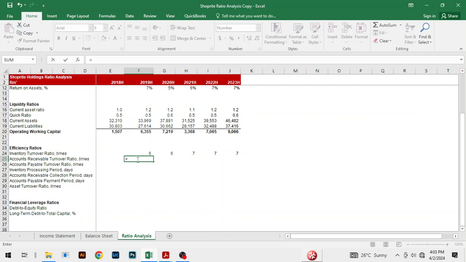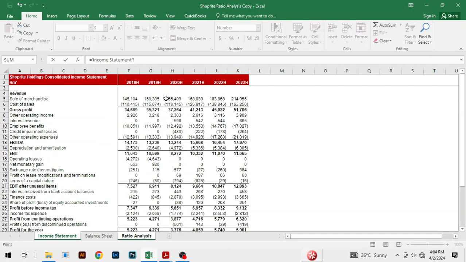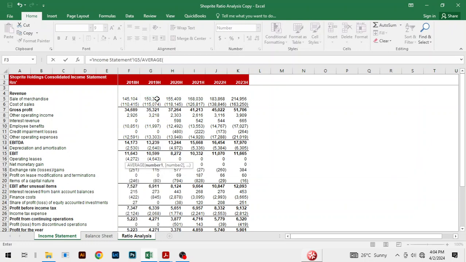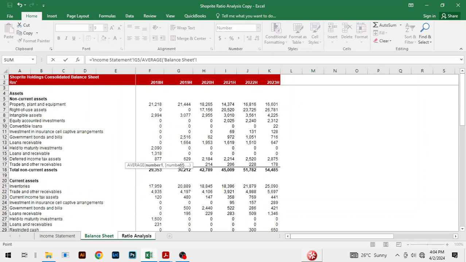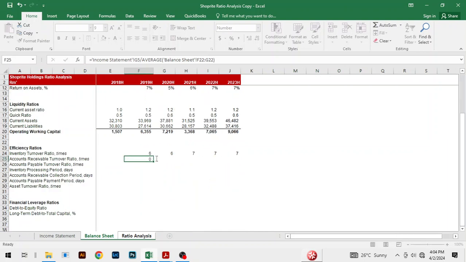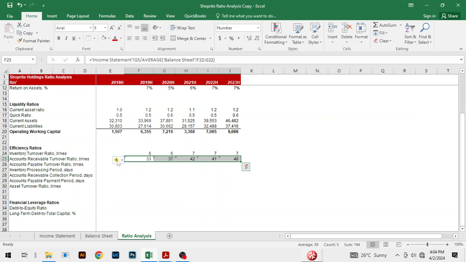So here we're gonna use the 2019 revenue, and then average. So we take average trade receivables under current assets here. So we just copy that to the right.